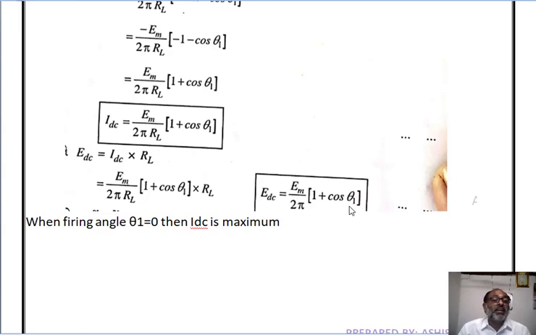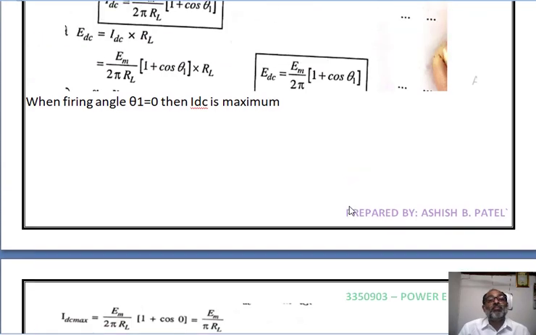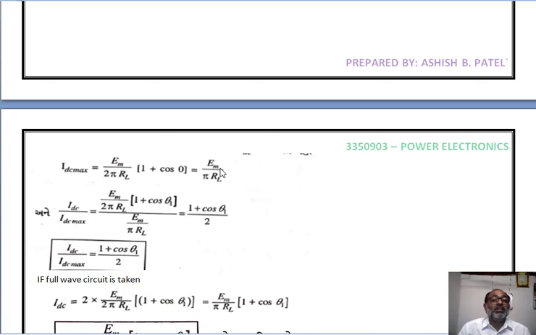Now when the firing angle θ1 is equal to 0, then EDC is maximum. So here we can put 0, that means cos 0 is equal to 1, 1 plus 1 is 2, the 2s cancel, so Em by π. That means at that time the maximum value of current IDC is Em by π RL.